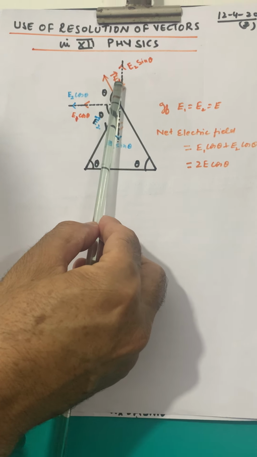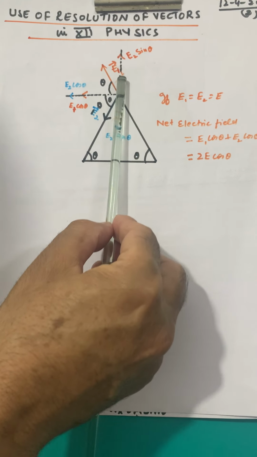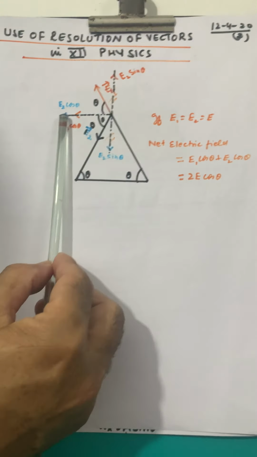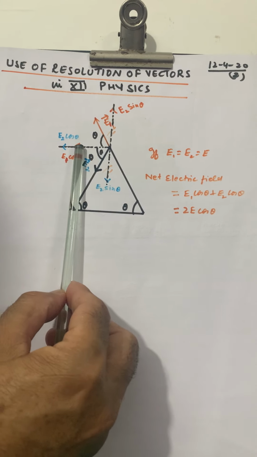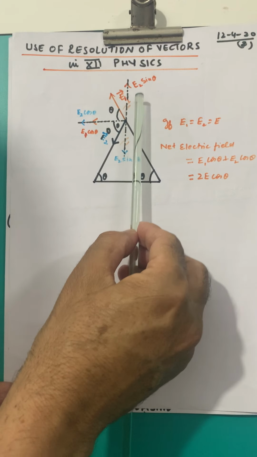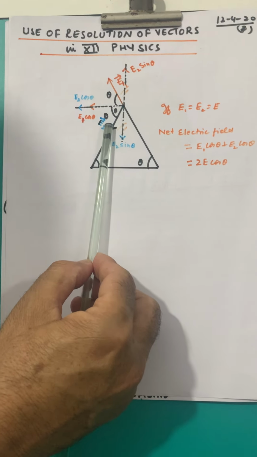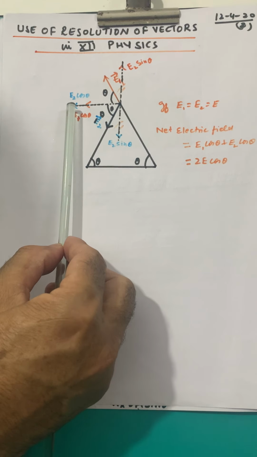It means E1 will have two resolving components in this xy plane. Now along this axis the resolving components of E2 are E2 cos theta and E2 sin theta. Regarding this component, E2 will have two components, E2 sin theta and E2 cos theta.